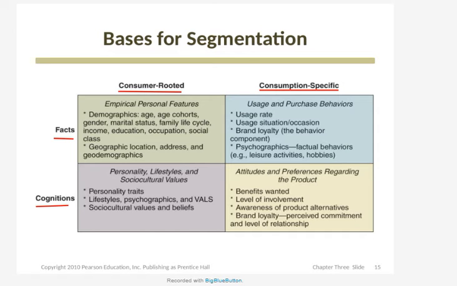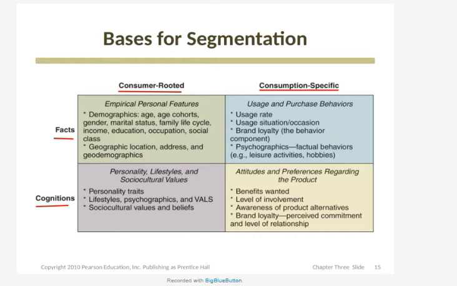Okay, this 2x2 matrix is very important to understand the types of segmentation schemes. Here we break segmentation into two broad groups: those based on the consumers themselves, and those based on the consumer interactions or potential interactions, which is consumption specific.